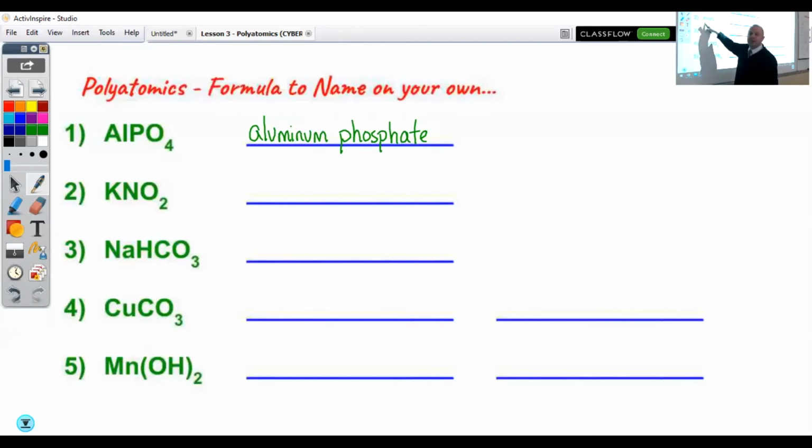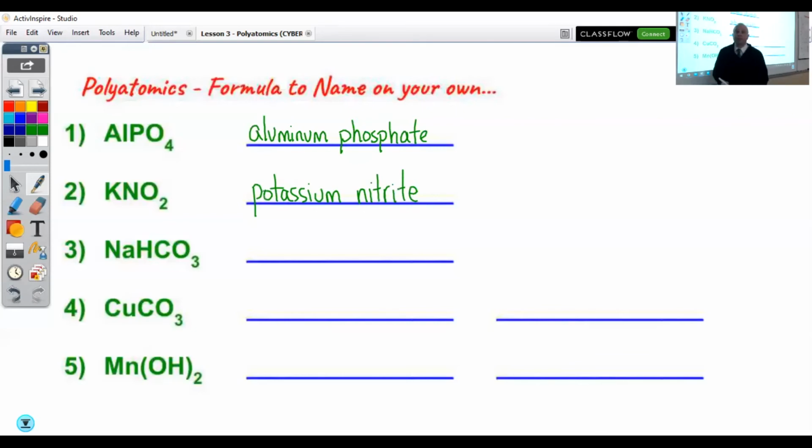It's not a divalent. So we can name the 2 parts, potassium, NO2. If you look it up, you'll find out that it's called nitrite, ITE ending. So this is potassium nitrite.